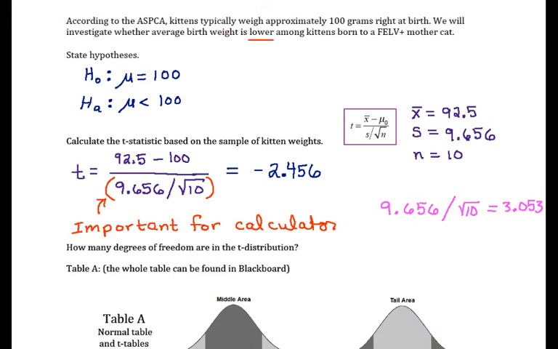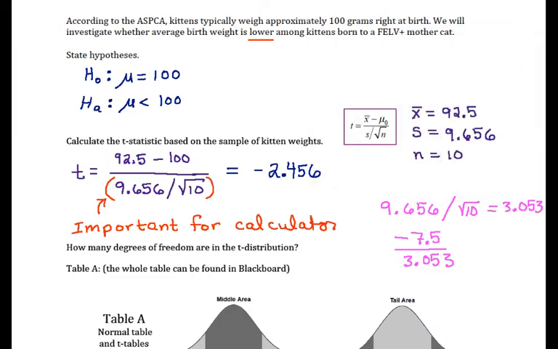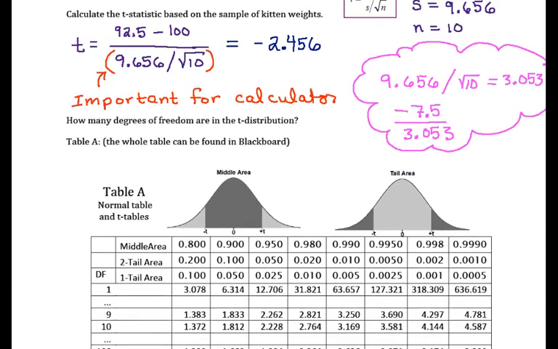And then we could plug in and say negative 7.5 from the numerator divided by that 3.053, which gets me that same value of negative 2.456. So this is another way to do it: just calculate the standard error first, which is really what we mostly do with confidence intervals anyway.